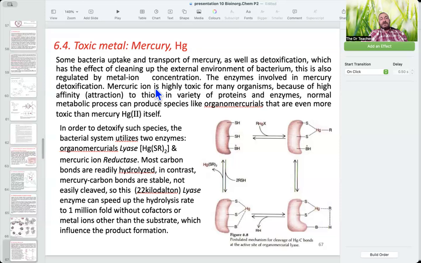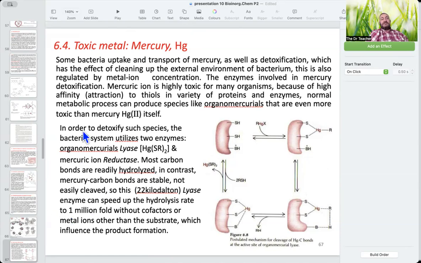mercuric ion is highly toxic for many organisms because of high affinity attraction to thiols in a variety of proteins and enzymes. Normal metabolic processes can produce species like mercurials that are even more toxic than mercury itself.